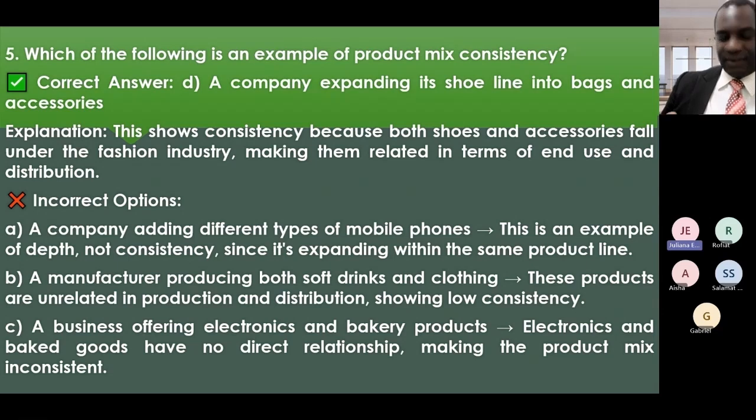Consistency looks at this: shoes and accessories fall under the fashion industry, making them related in terms of end use and distribution. So a company expanding its shoe line into bags and accessories is showing that it's consistent.